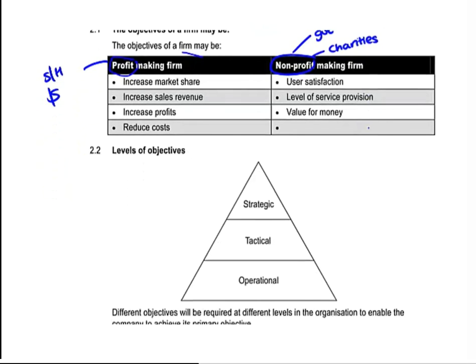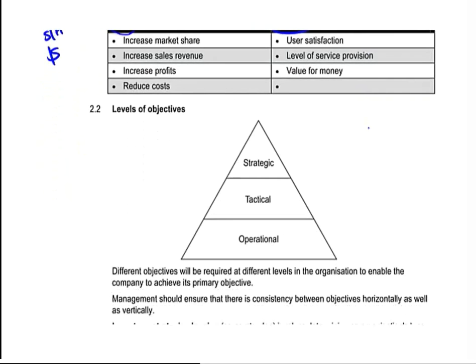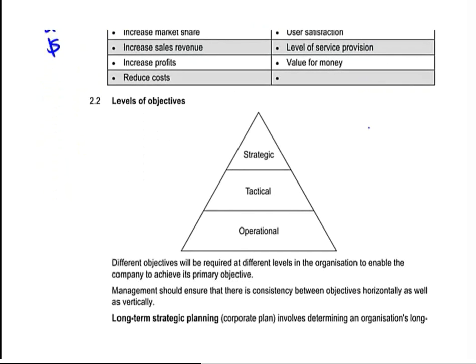Within an organisation as well, we're going to have objectives at different levels. So we're going to be having objectives at the top of the organisation, which are very much at the board level, thinking about long-term plans and where the organisation is aiming to go, selecting strategies that are going to help the board achieve its long-term objectives.